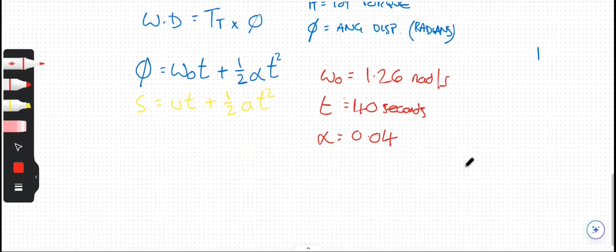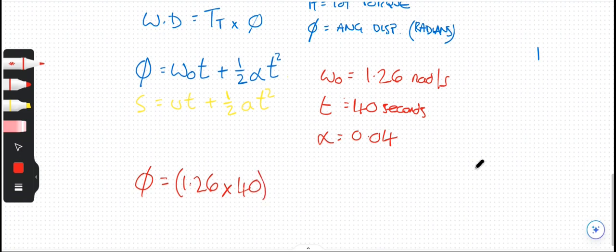Is that better like that? So here's the formula. Angular displacement is omega naught, which is 1.26. Don't do it in RPM, do it in radians per second, times the time, which is 40 seconds.